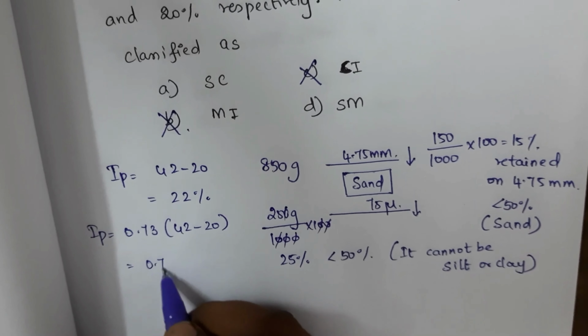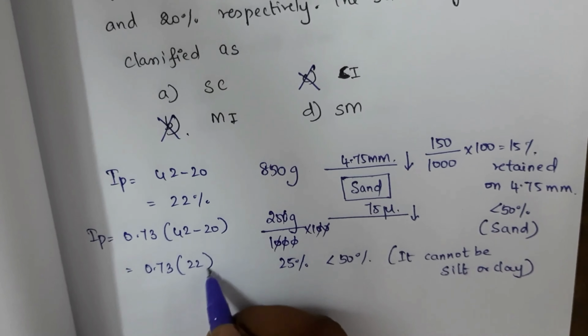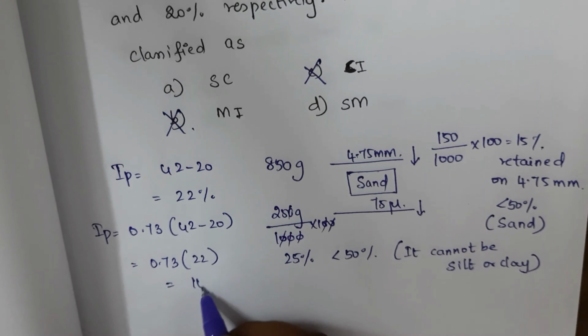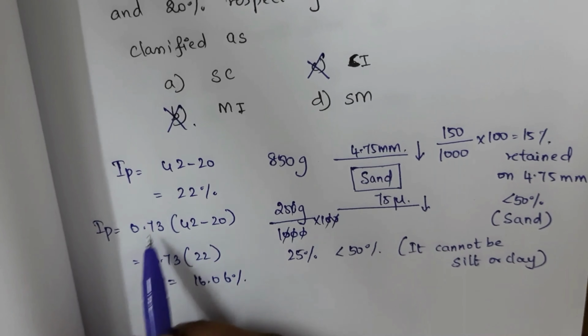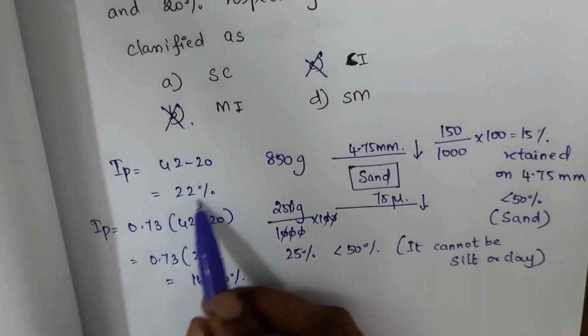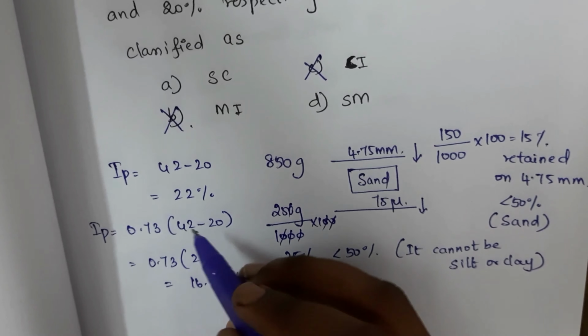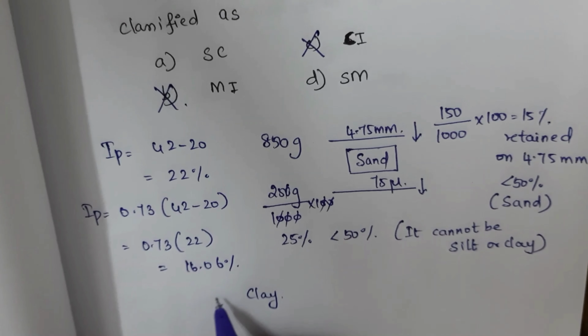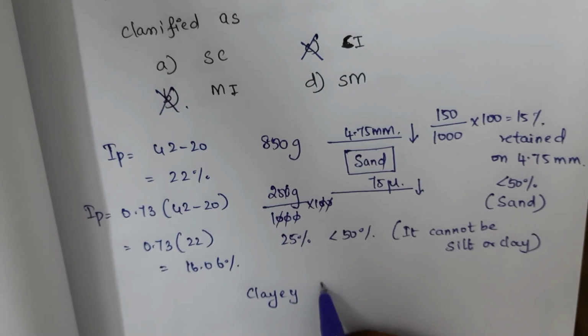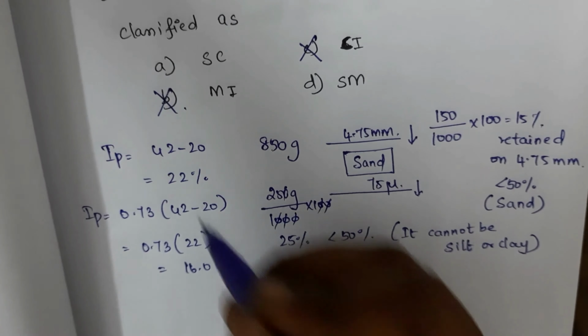So this value is 16.06%. As this is the A line, this value is above A line, so it can be classified as clay. So it is clayey sand. Option A.